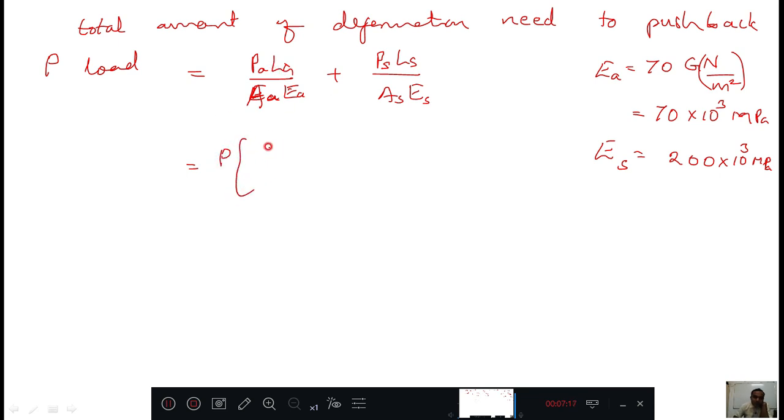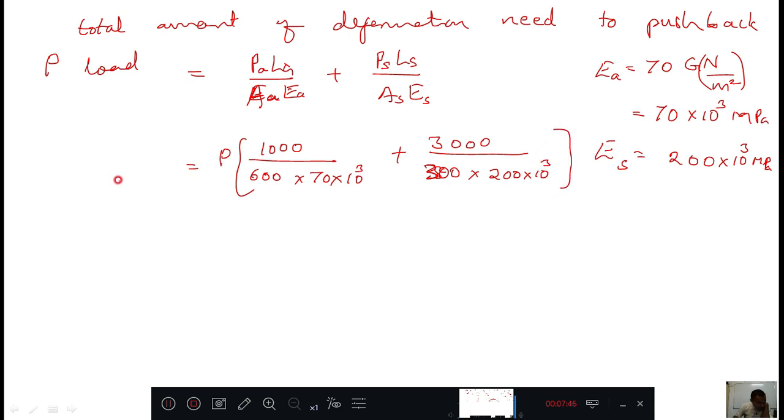Inside, L_A for aluminum is 1000 divided by area 600 mm square into 70 into 10 raised to 3, plus length of steel 3000 divided by area of steel 300 mm square into 200 into 10 raised to 3, and this is nothing but your delta, that is 0.94.